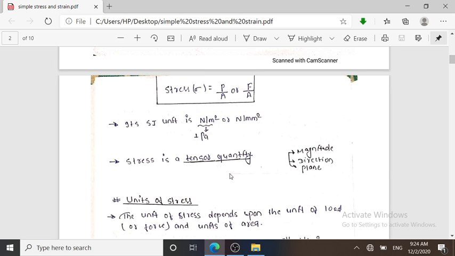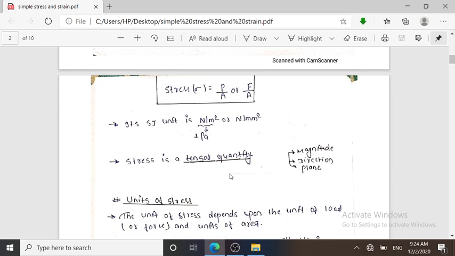Similarly, a scalar quantity consists of magnitude. But stress is a tensor quantity. It consists of magnitude, direction, and a plane. The stress acts in all these three criteria. So stress is a tensor quantity.